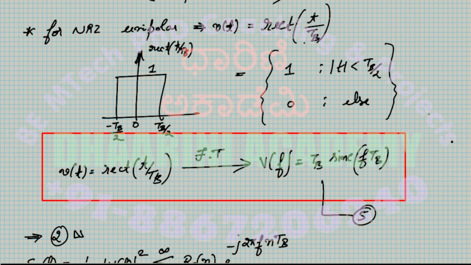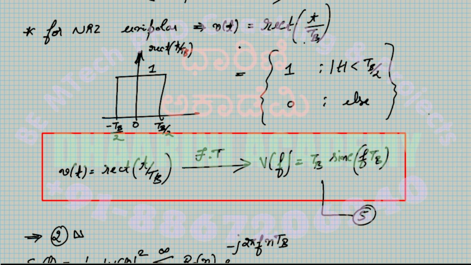In signals and systems, we know that if you have a pulse like this, which is shown in the graph here, in order to write an equation, we expect it to be symmetric about the y-axis. Like on one side I have TB by 2, the other side is minus TB by 2, amplitude remains the same.